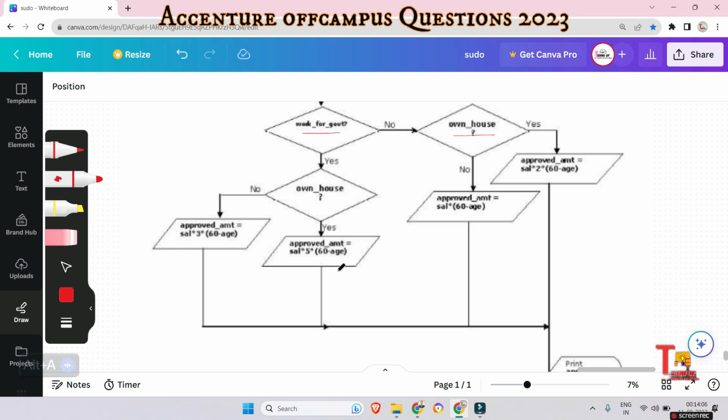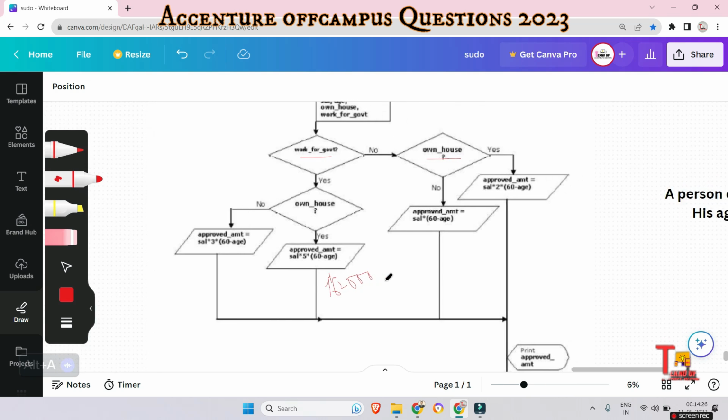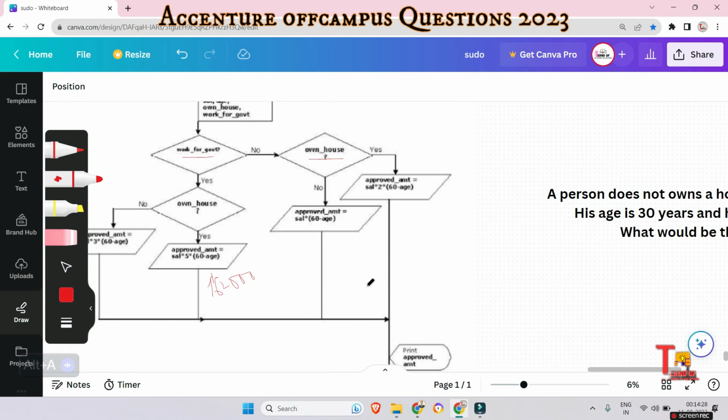So the amount will be 162 and the zeros, that means 1 2 3, I think, right? So calculate this part. I just calculated it manually by myself. So if you solve this problem by yourself, then you will be able to solve the other problems as well, right? So I am just removing this.